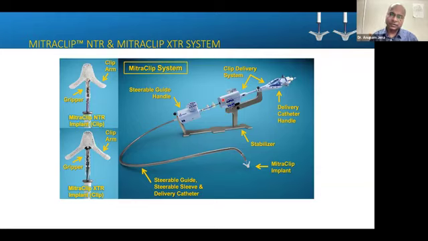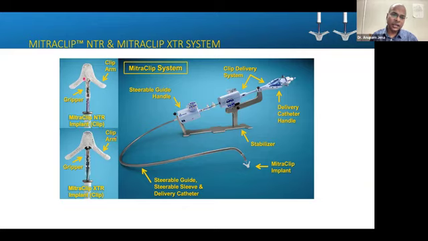Then we can push the system, and pushing will bring it more laterally, and pulling will bring it more medially. Then finally with this knob we can gain height or reduce height. So these are the basic movements that we need to see.